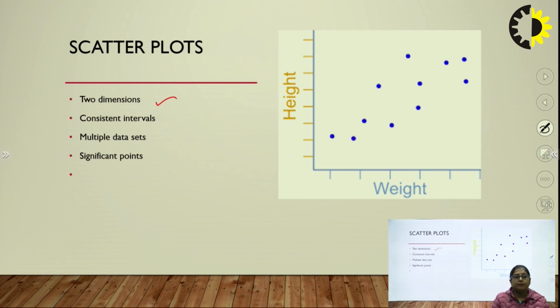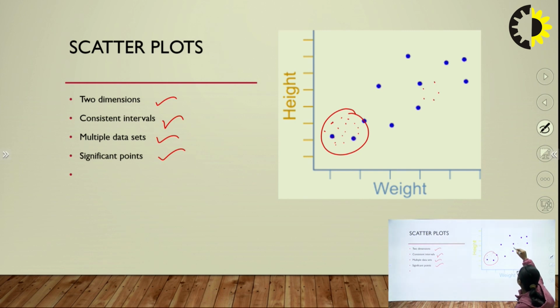If we use the consistent interval, we can go for the scatter plot. And if you are using multiple data sets, you can compare them with the scatter plot. For example, you find the clustering of data. You plot the scattered graph, and if more dots are present here, you can make this one cluster.